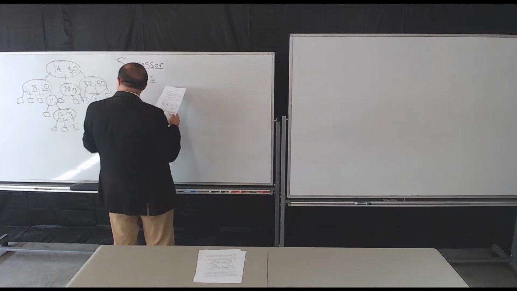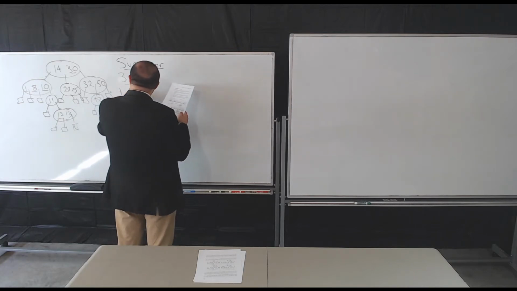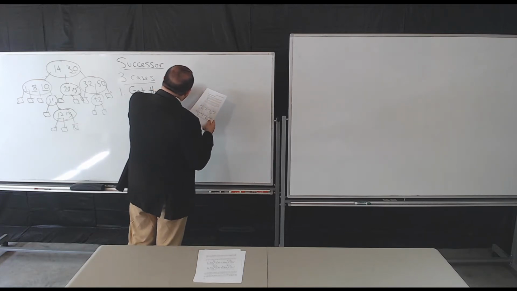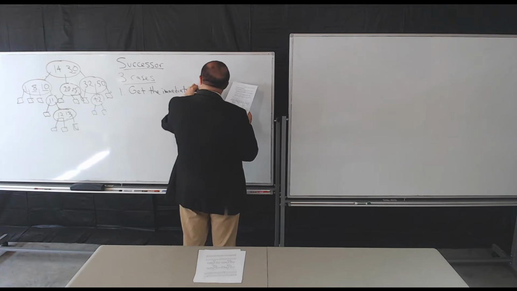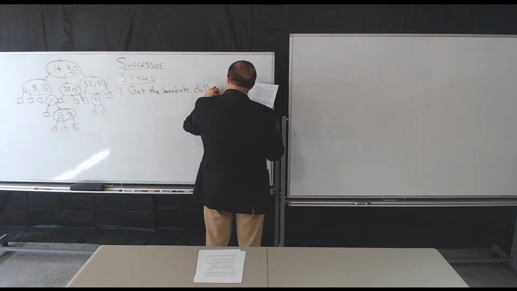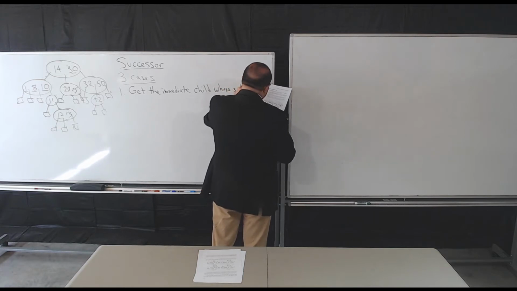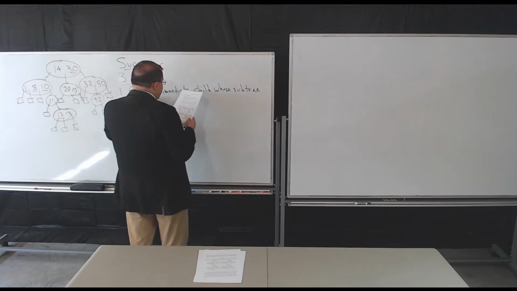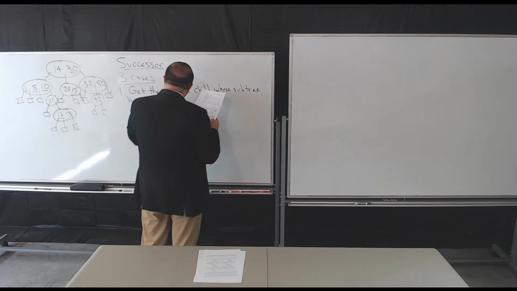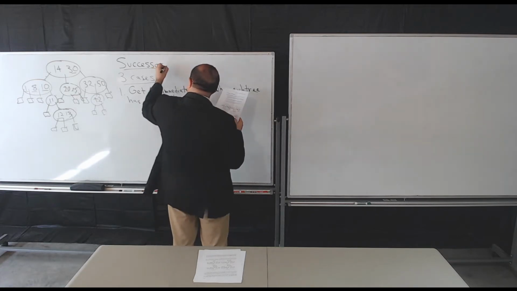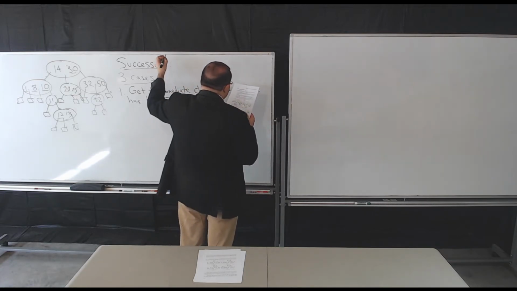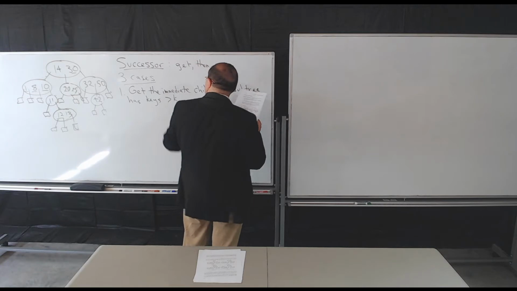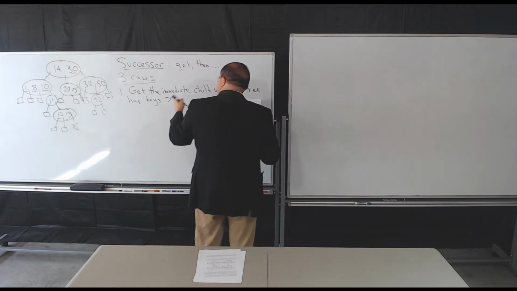So the first one you're familiar with. Get the immediate child whose subtree has keys greater than k. So obviously remember, you still have to do get, right? So you do get, then this. Then we have this.